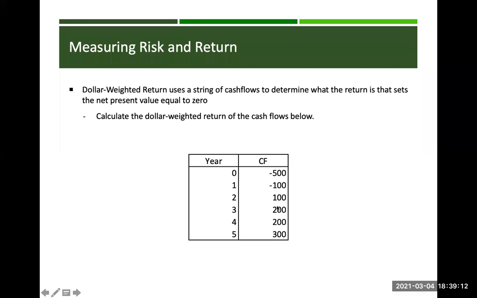Then you get 100 cash flow back, 200, 200, and 300. In Bodie, Kane, and Marcus, they call this the dollar-weighted return. So you put in 500, you add an additional 100 to your investment, and then you cash out 100, 200, 200, 300. And then the investment's done.